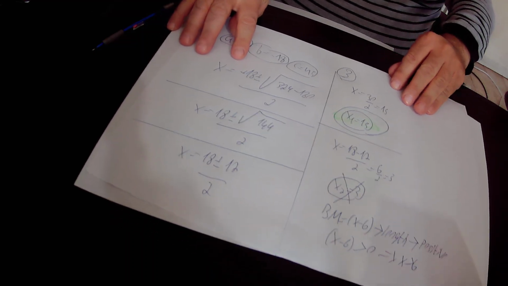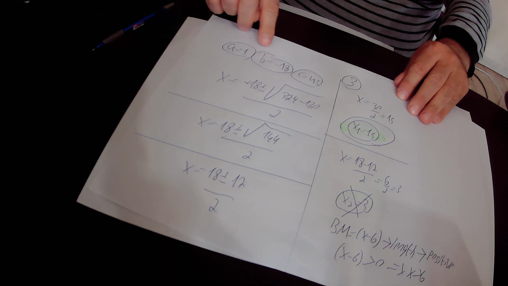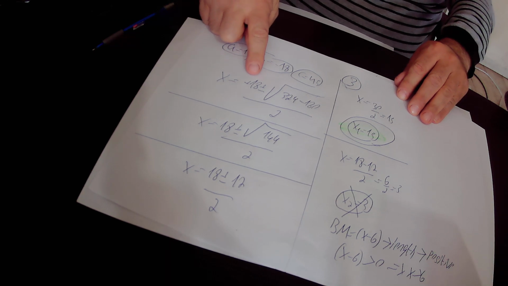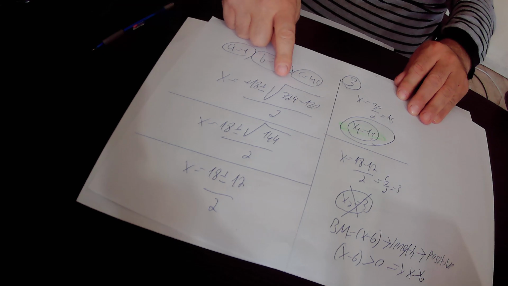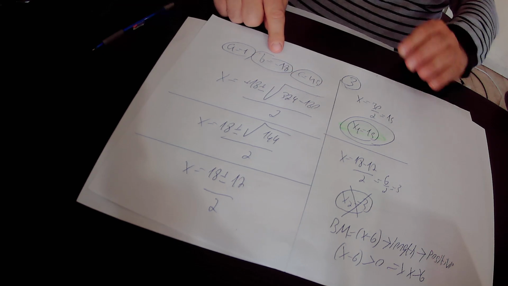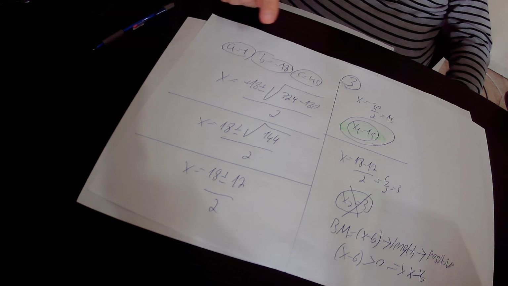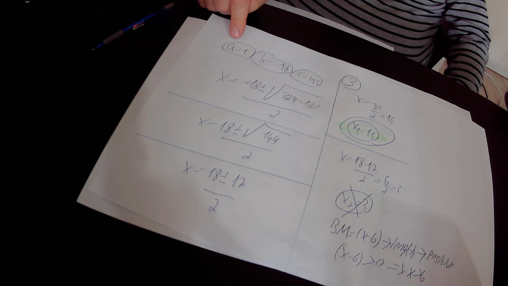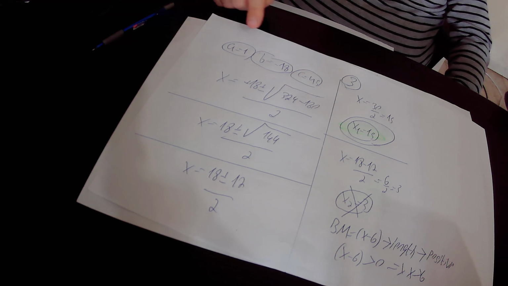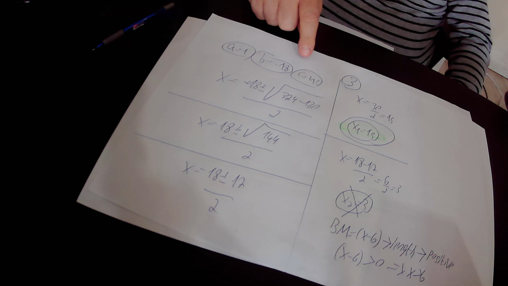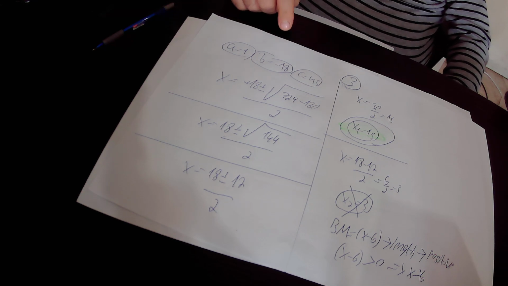So x equals minus b. B is minus 18, therefore minus b is plus 18, plus or minus square root of b squared. B is minus 18, therefore b squared is 324. Minus 4 times a, which is 1, so minus 4 times 1 is minus 4, times c, that is 45. So minus 4 times 45 is minus 180, divided by 2.